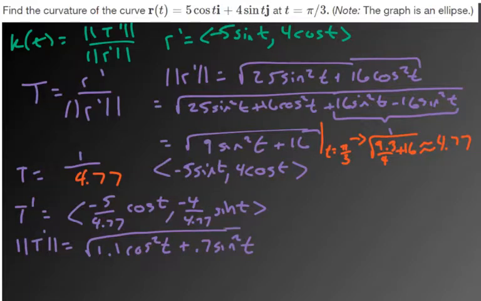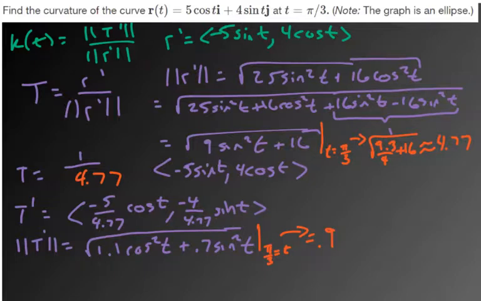At this point, I would just plug in pi over 3 for t, and again I'd probably just use a calculator. If you plug in pi over 3, you get about 0.9.